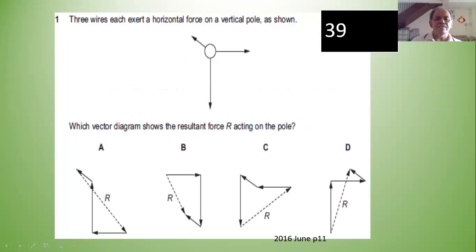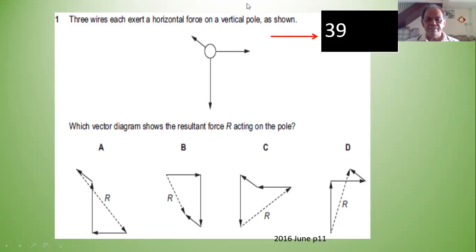Three wires exert a horizontal force on a vertical pole as shown. These are the 3 forces, 3 vectors, acting on the pole. Which vector diagram shows the resultant? You can start with any point.